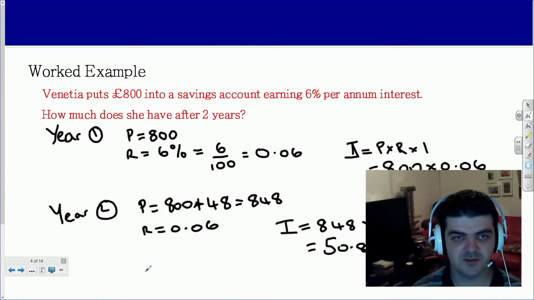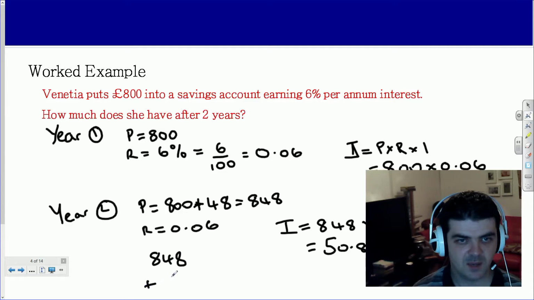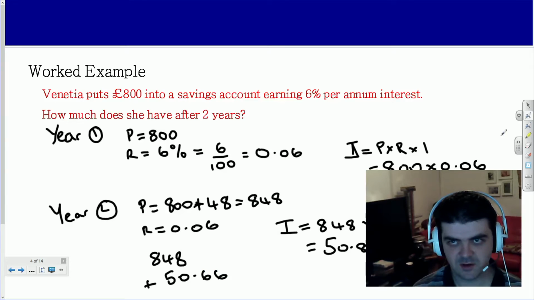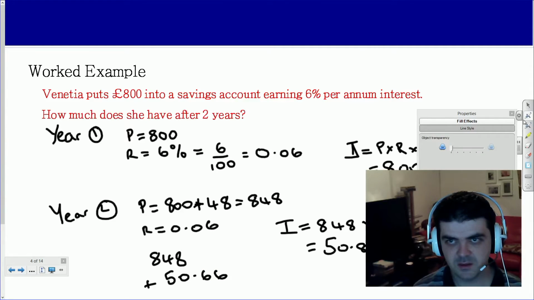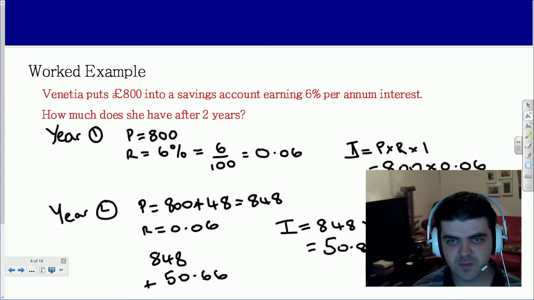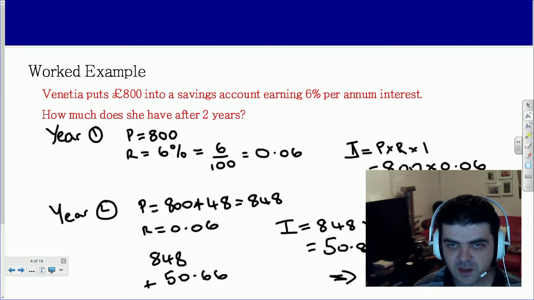How much does she have after 2 years is the question. Well, that would take me 848. I would add on the £50.66, and our total, if I go to it, will be £898.88.